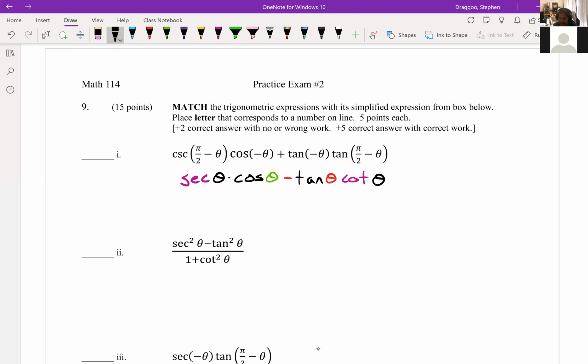All right, so cosine is even, which means that the negative on the inside doesn't impact the function at all. Tangent is odd, so that negative needs to get factored out.